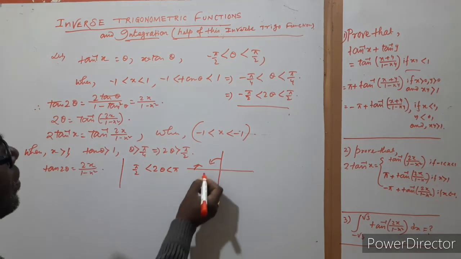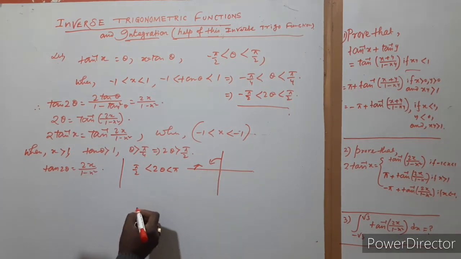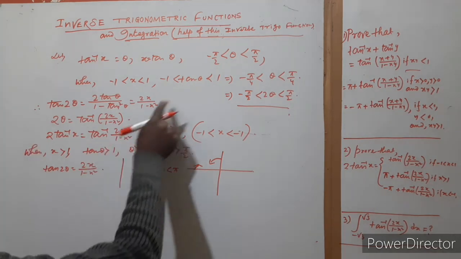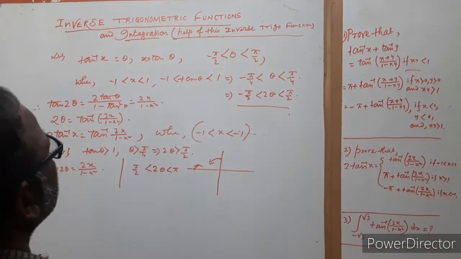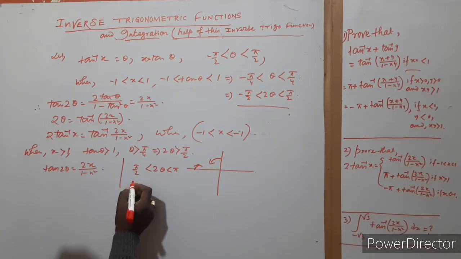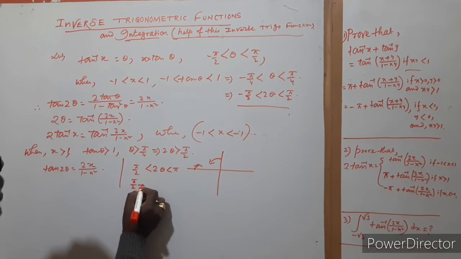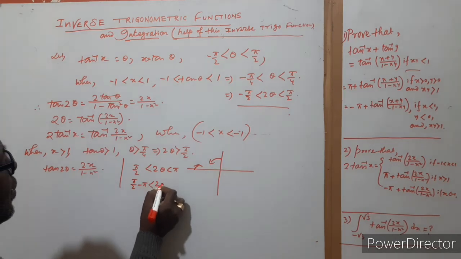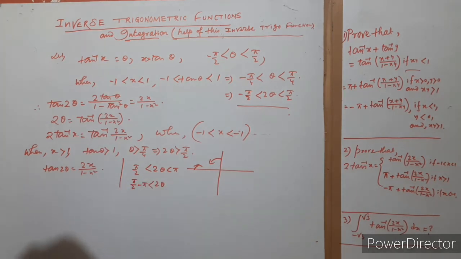Now we want to get the principal interval actually, so that's why we subtract pi. Pi by 2 is not suitable here, so that will be a problem, because tan changes to cot.